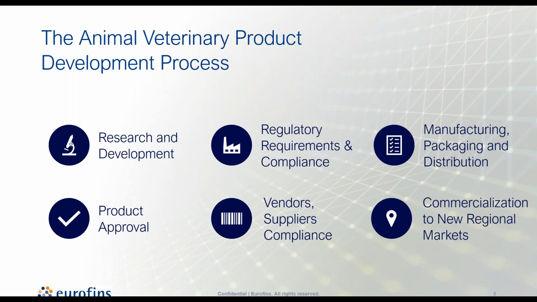It's also very important to keep in mind the regulatory requirements and compliance. The development process for these products is complex and regulated. In order to be approved for use, animal medicines must comply with the regulatory requirements where the product will be sold.